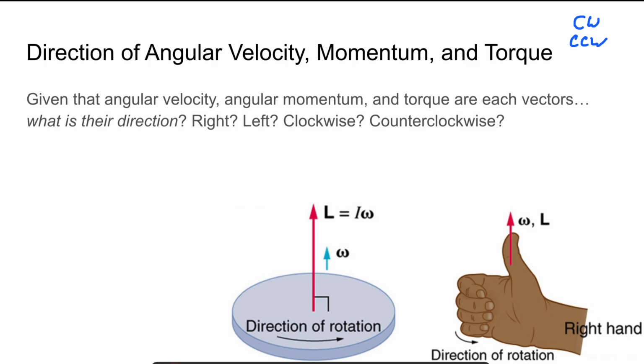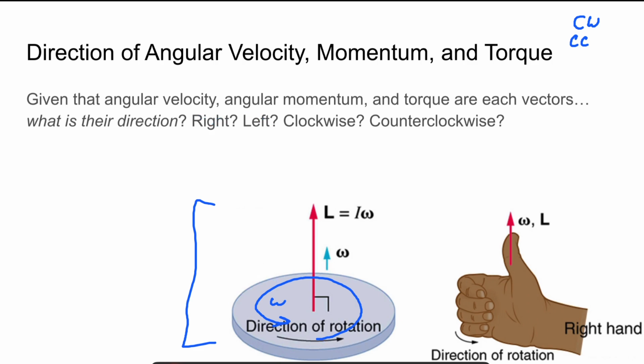If we look at something like this disk down here spinning, we've got an angular velocity around this direction. If we look at one point on the far end of that disk, that point will be moving in the left direction. However, if we look at a point on the close end of the disk, that point will be moving to the right. So right and left obviously aren't super useful for us.